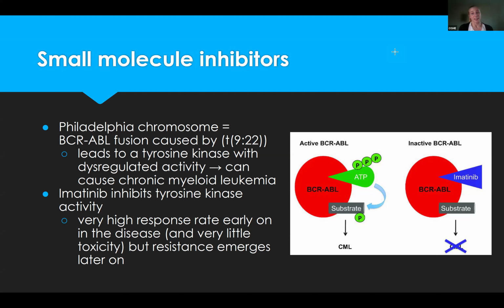Unfortunately, it was discovered later that there is quite a lot of resistance. So later on in the disease, it stops being so effective and the cells keep proliferating again. So there can be quite a lot of disease recurrence. But at the time it was investigated, it was still a big improvement in the treatment of chronic myeloid leukemia because it helped improve the survival quite a lot.